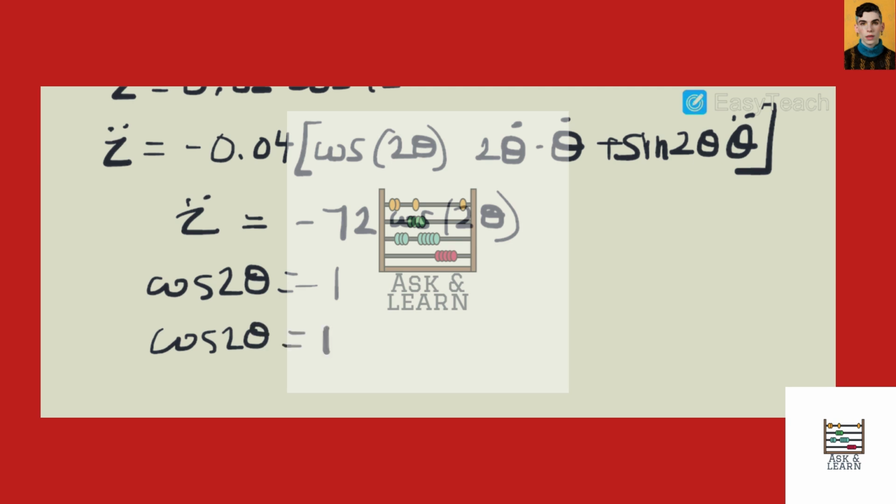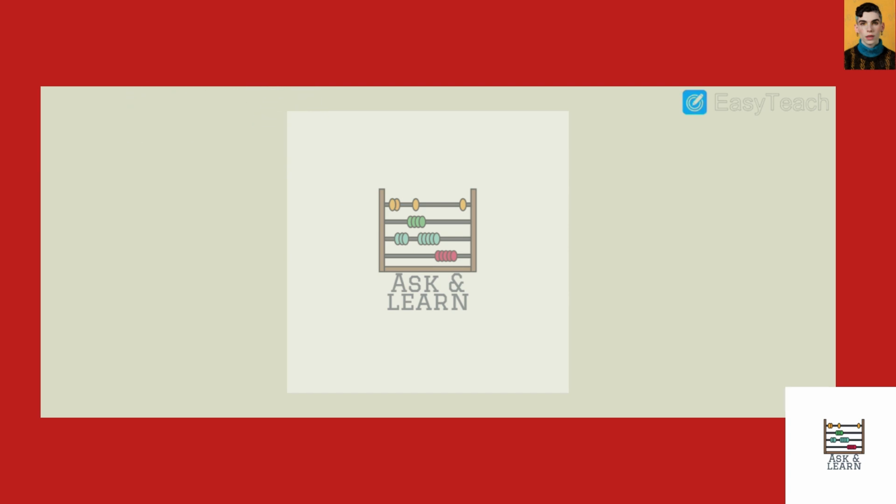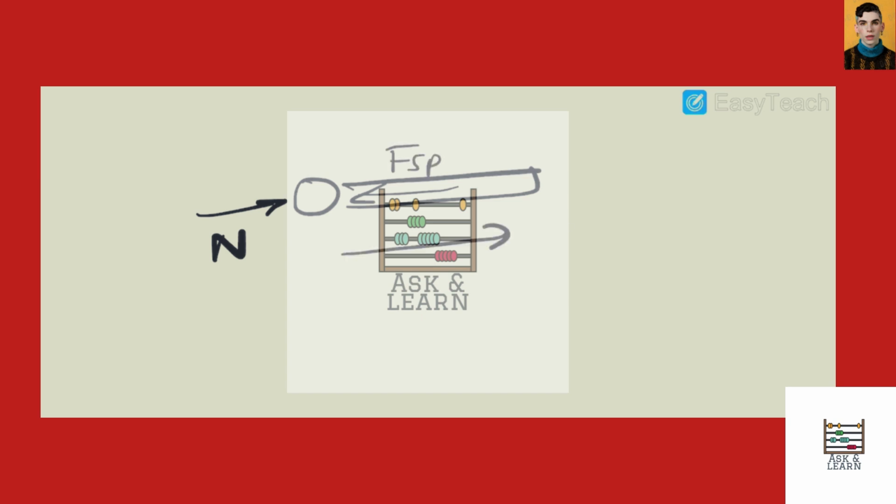Next, what we can do is draw a free body diagram. So here is our spring-held follower. Here is our normal force, and here is our spring force that's pushing back, and this is our acceleration direction of motion.